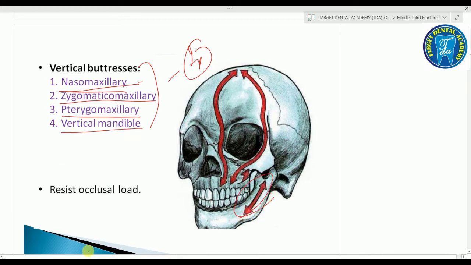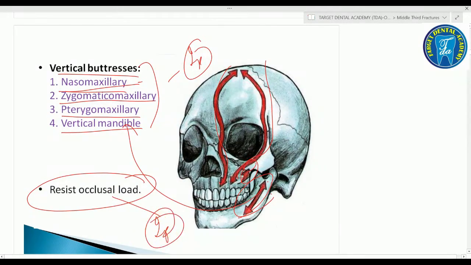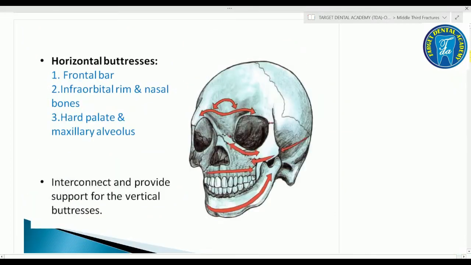Fine. So what is the function of the vertical buttresses? They resist the occlusal load. Important.